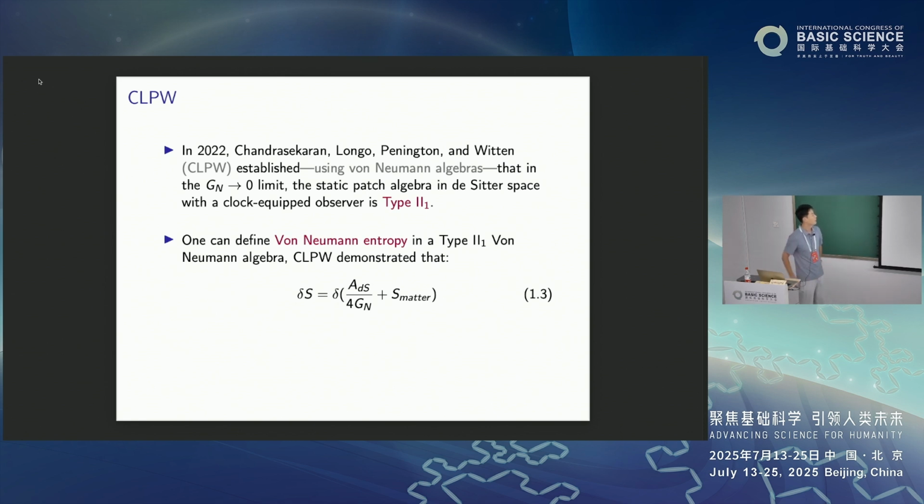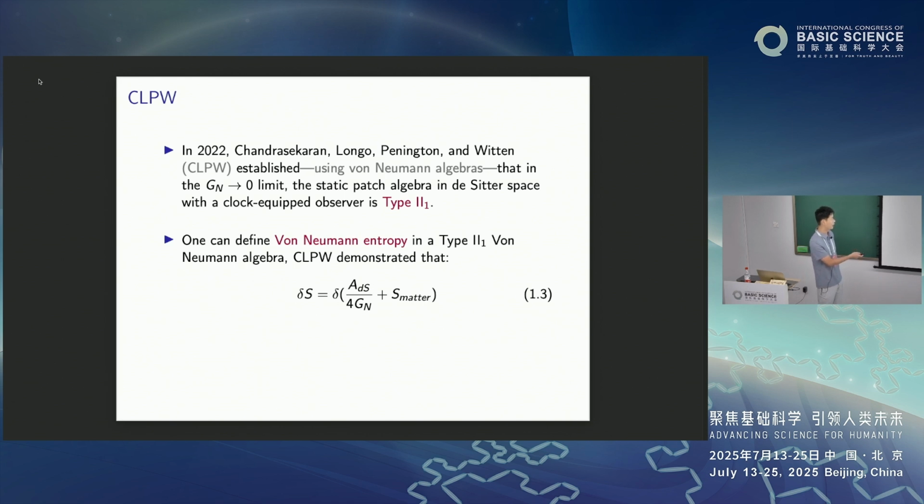So I was talking about how the CFPW paper showed that the algebra of a static patch is type II_1, and then for a type II_1 von Neumann algebra, you can define the von Neumann entropy.